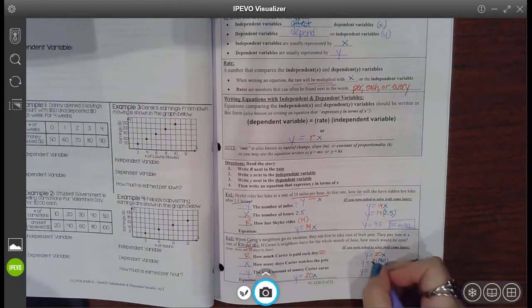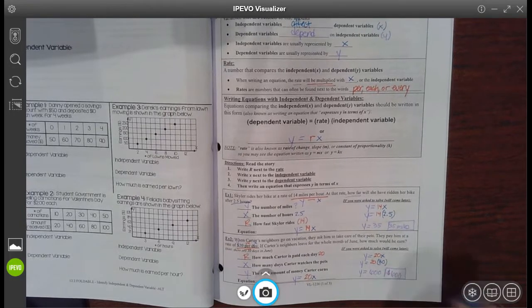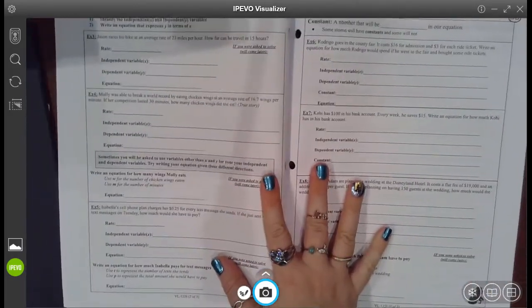So go ahead and multiply that. 2 times 3 is 6. Tack on your 2 zeros. So Carter would earn $600. That's if we were asked to solve it. However, we just wanted you to write the equation. All right, let's try some more.